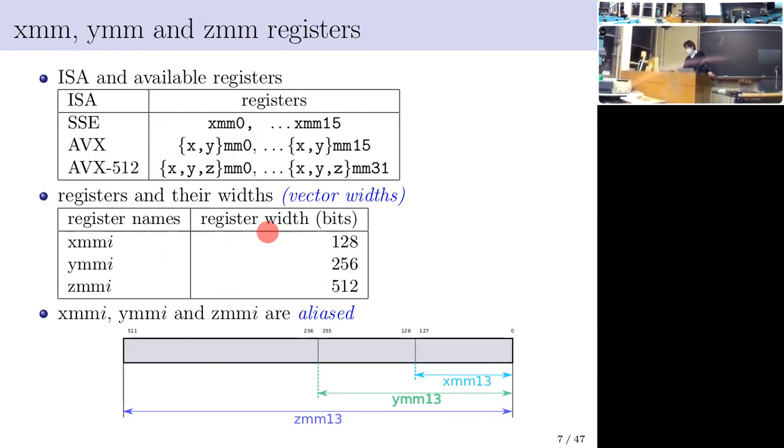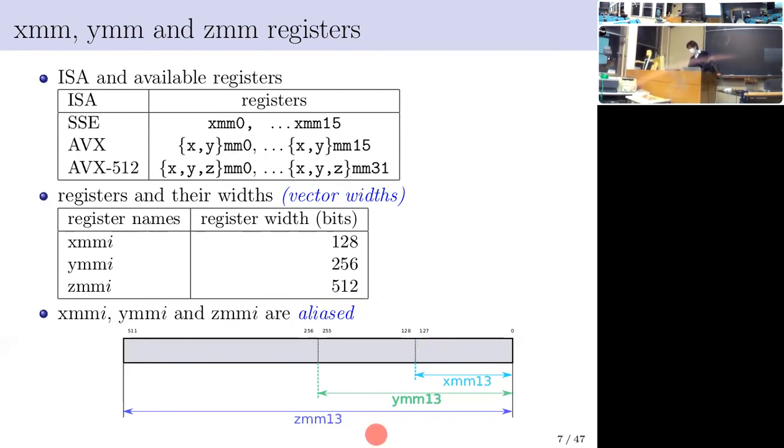But to make things a little bit tricky, it's not that you have all distinct registers, some number of XMM registers, some number of YMM registers, and others named ZMM registers. Actually, XMM, YMM, and ZMM with the same numbers at the end will share part of it.